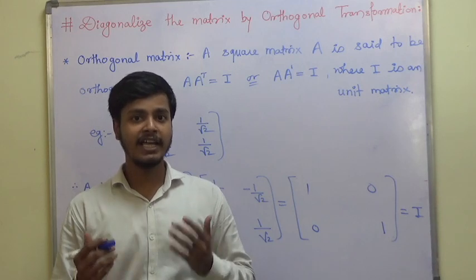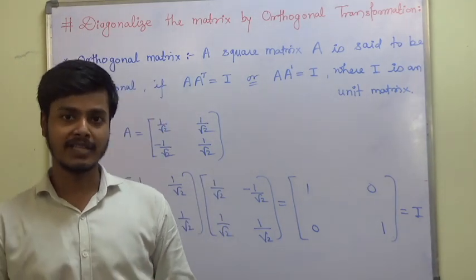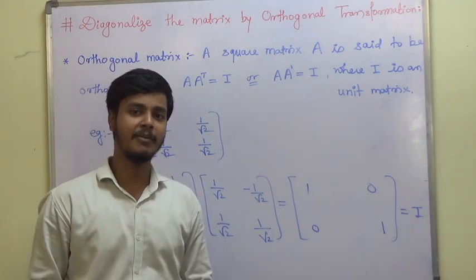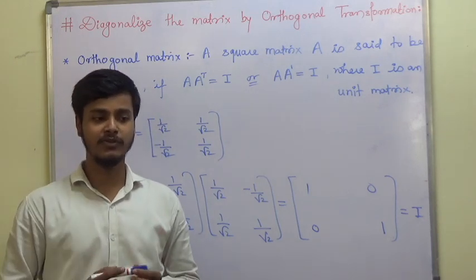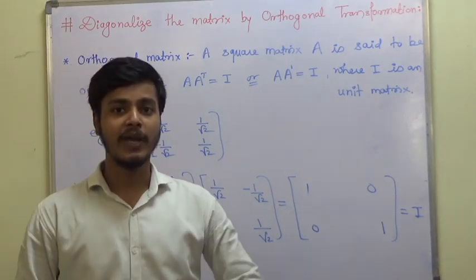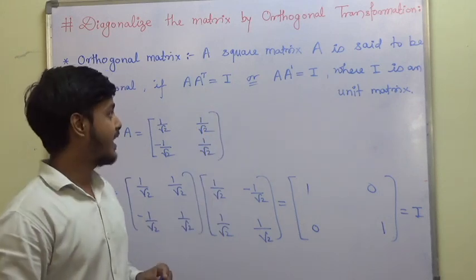Now I would like you to pause the video for a few seconds and come up with the simplest example of an orthogonal matrix. I hope you might have come up with the example.